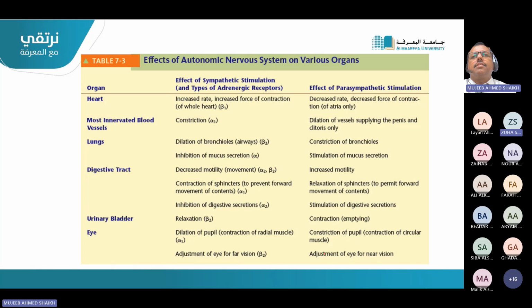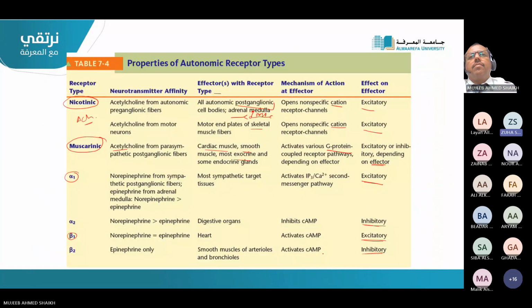Doctor, can you go to the previous slide once? Here, for nicotinic, there are 2 points given: acetylcholine from the autonomic preganglionic and acetylcholine from the motor neurons. What do you mean by motor neurons? The motor neuron is the one which is supplying the skeletal muscle.